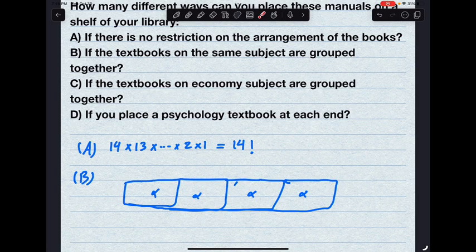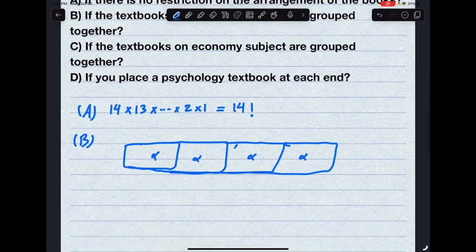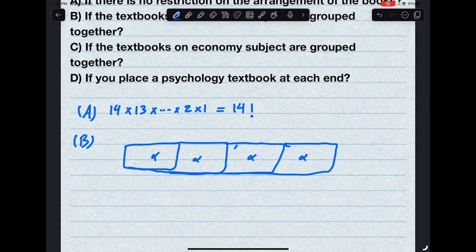How many ways? There are 4 subjects and 4 places, there is an order, there is no repetition. That means we can choose which subject must be where in 4 factorial ways.